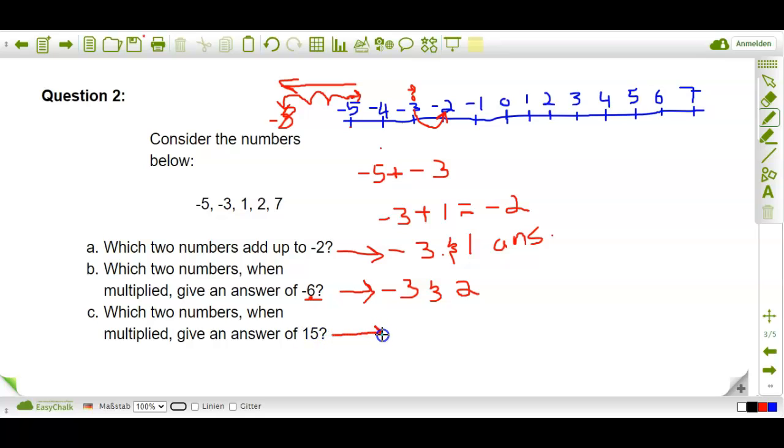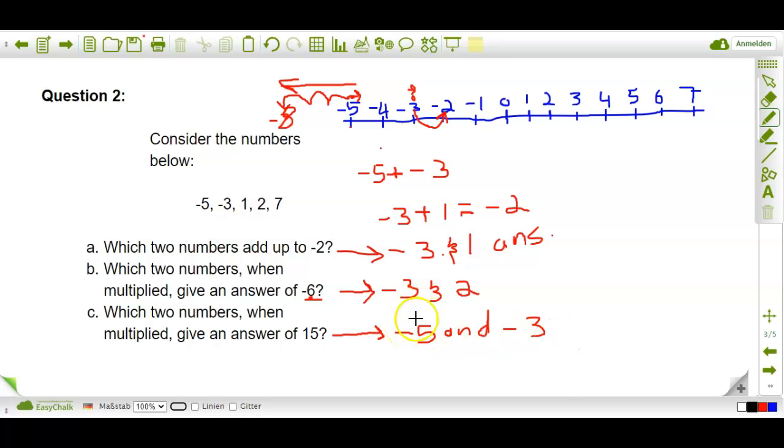So the answer is -5 and -3. These are the only two numbers we can multiply to get positive 15.